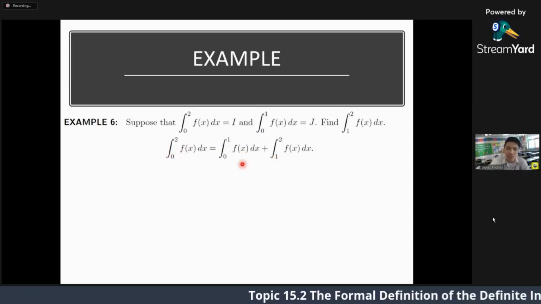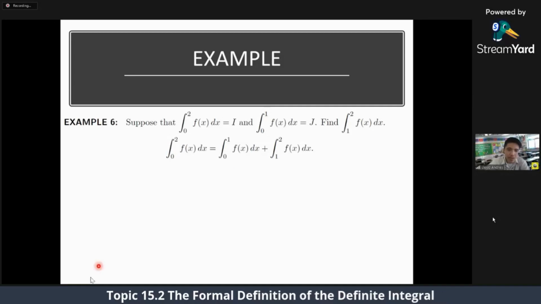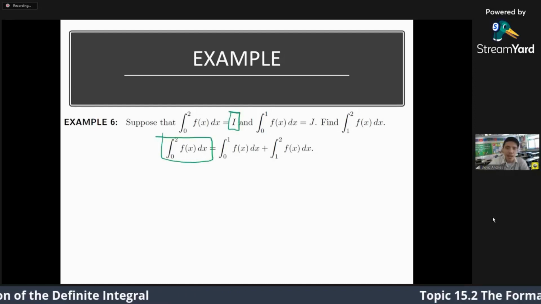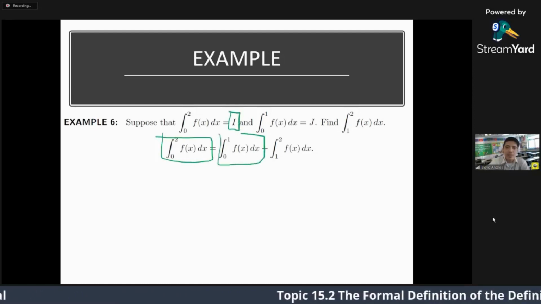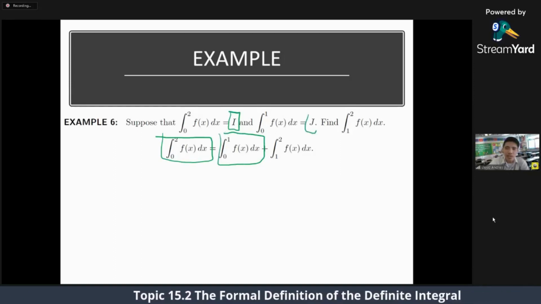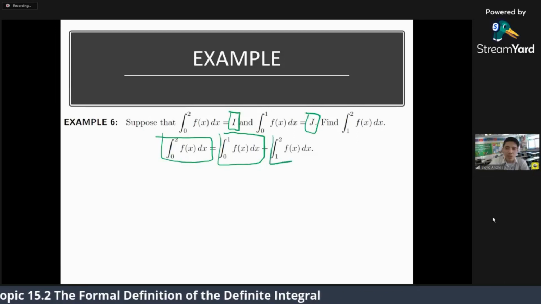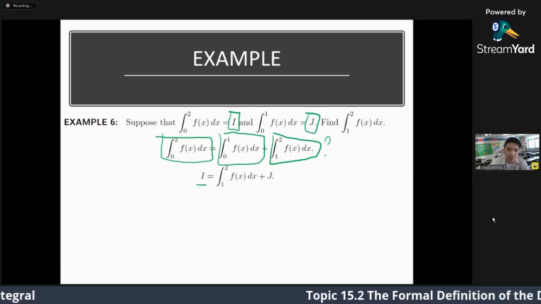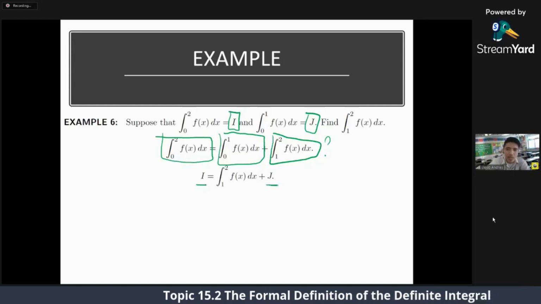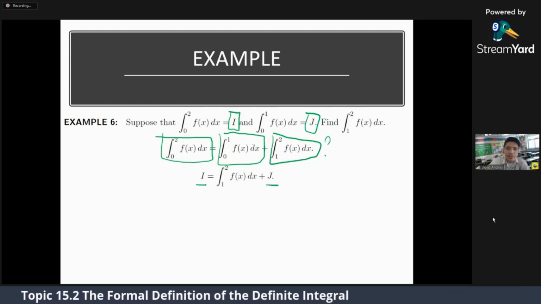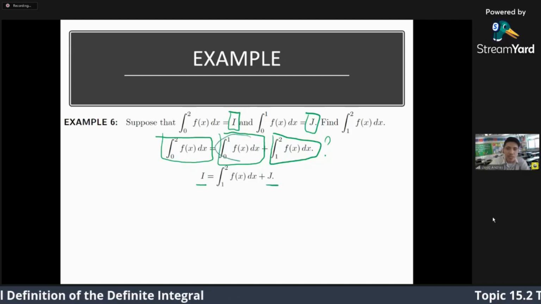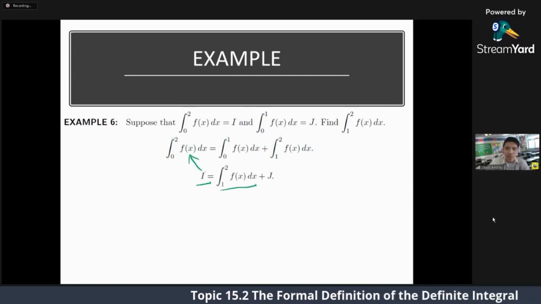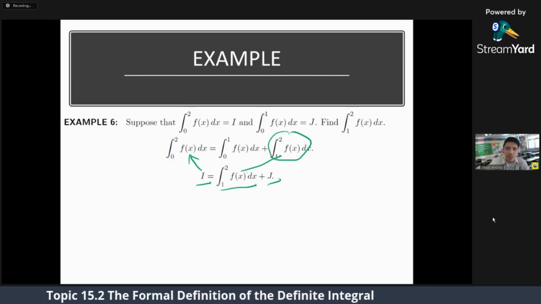From this, we can now substitute the values, because this one is given as i, and this one, from 0 to 1, is given as j. This is the question, the unknown. So we just substitute. This is i, this is j. Actually, it is like this, it is just reversed. So this is j, and the i is this one.